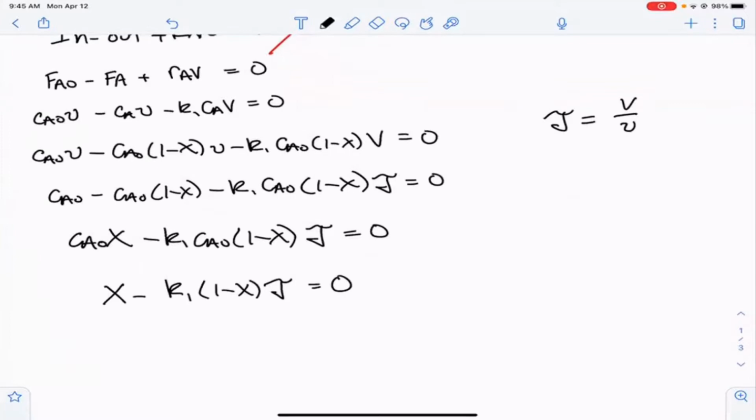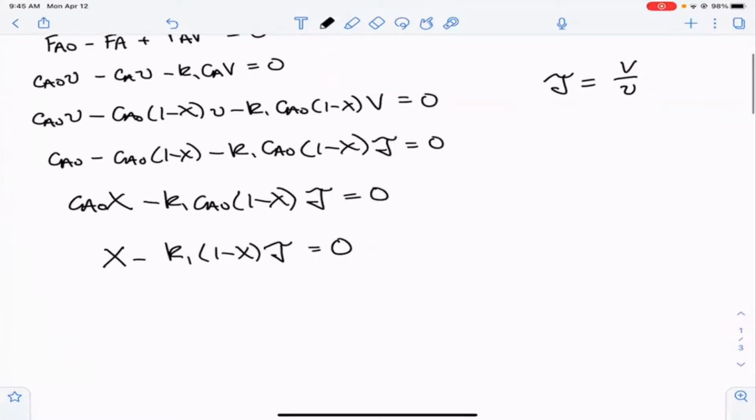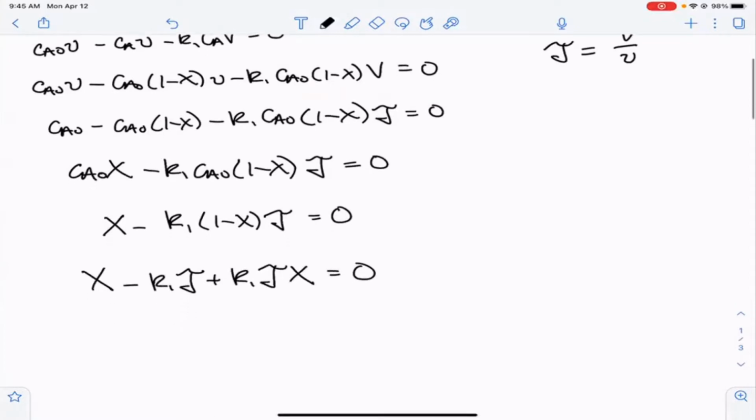So to do that, let's FOIL this out, right? And you get X minus K1 times tau plus K1 tau times the conversion is equal to 0.